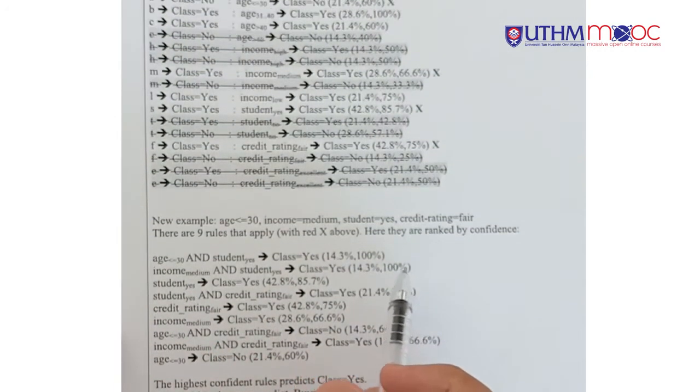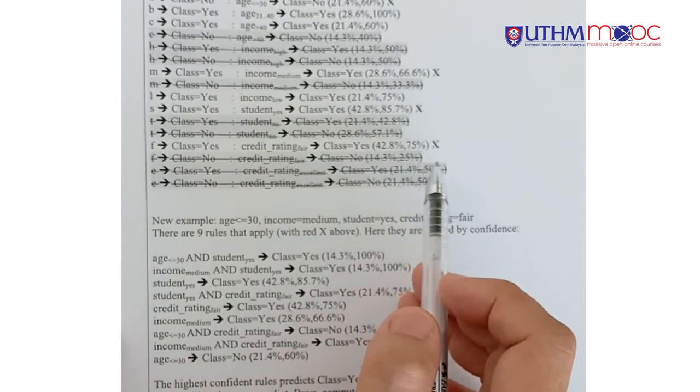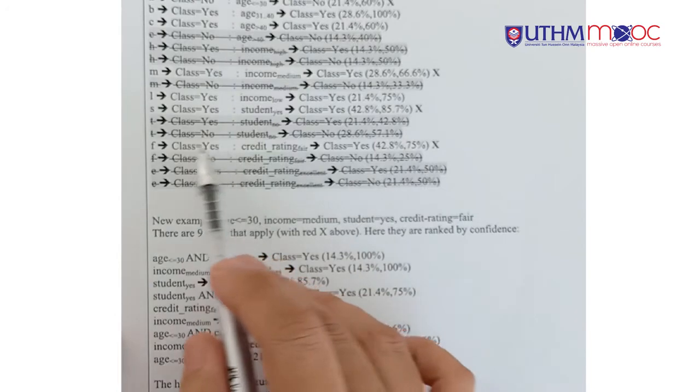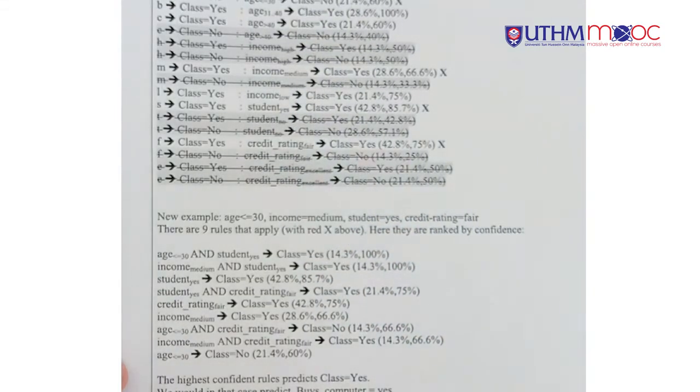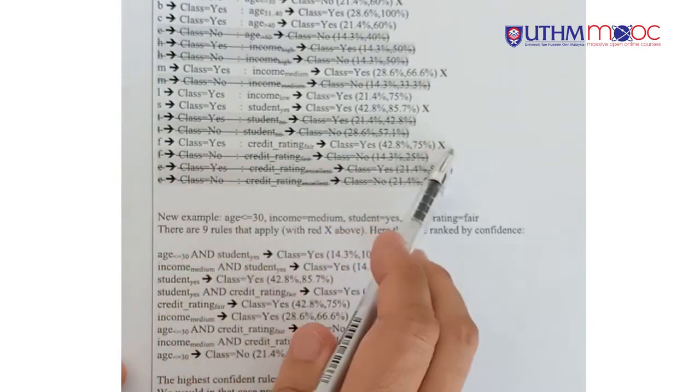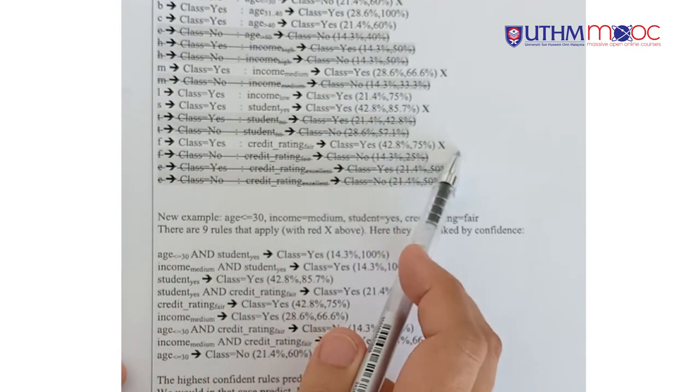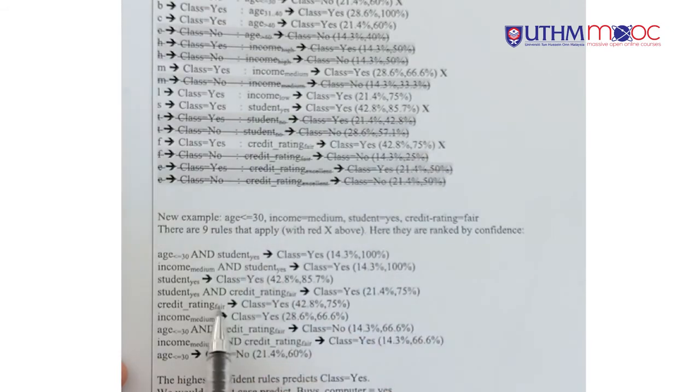For example, let's have a look at the last one. F, class CS. What is F just now? Oh, credit rating is fair. Okay, credit rating fair, the class is yes.